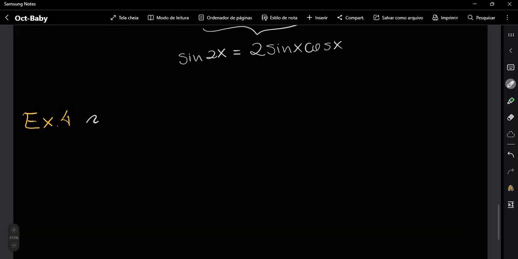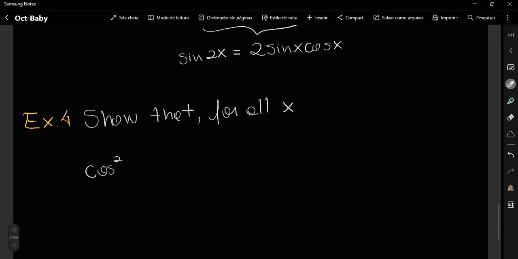And again, it asks us to show that for all x, and it passed to us a trigonometric function with its solution, but let's do it differently. Let's say that it's asking us to calculate this trigonometric function.